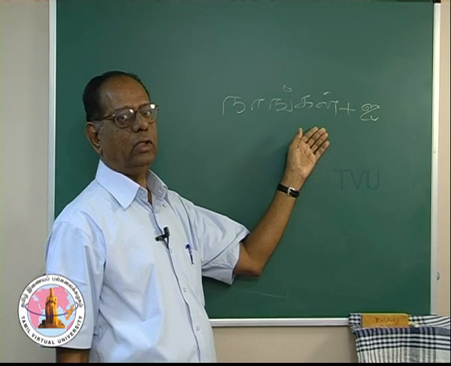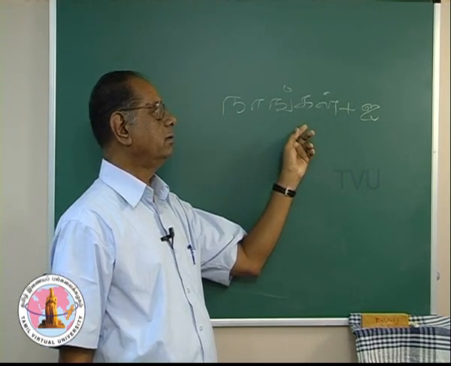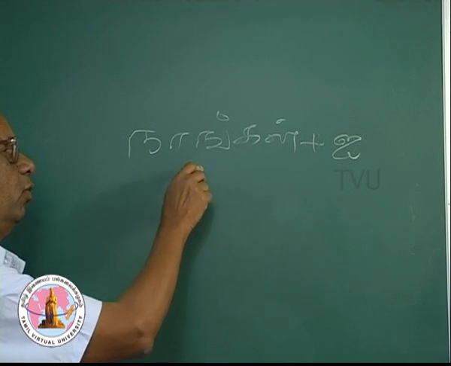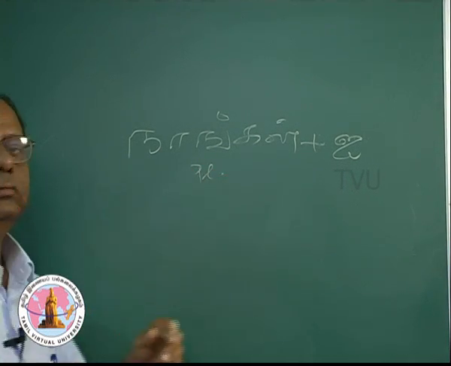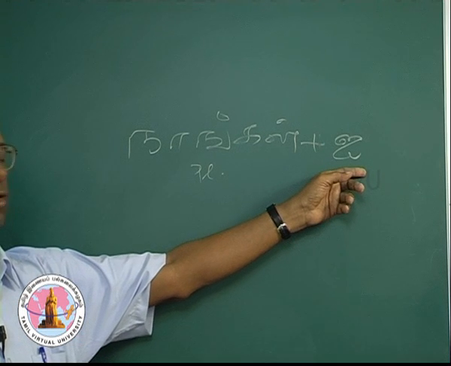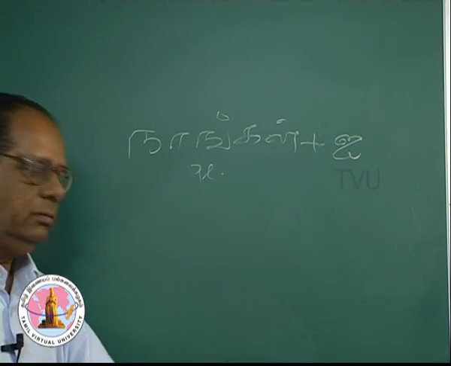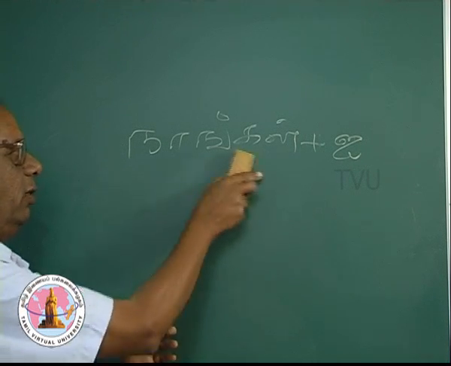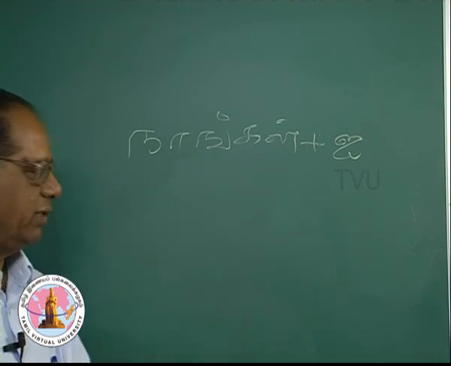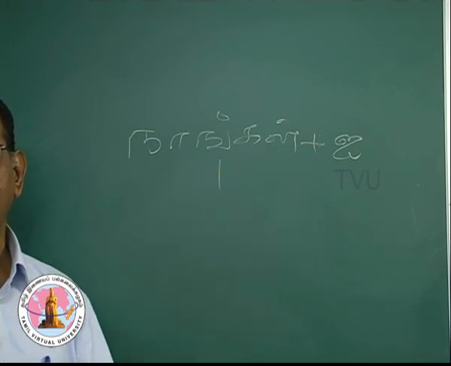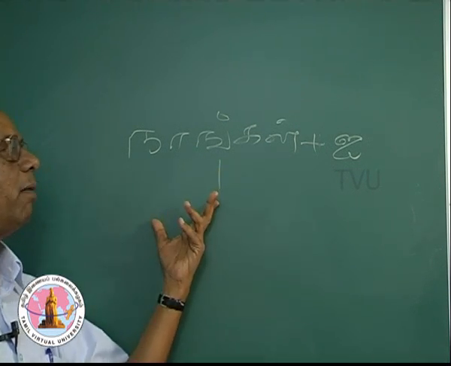Nangal, you know that. What is Nangal? First person plural. Suppose you add the case marker I to Nangal. What will happen? First of all, this gets a different form.